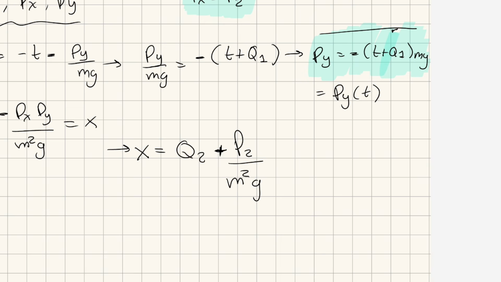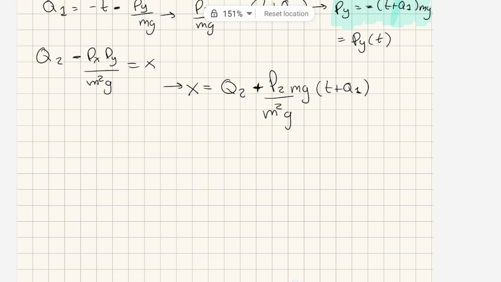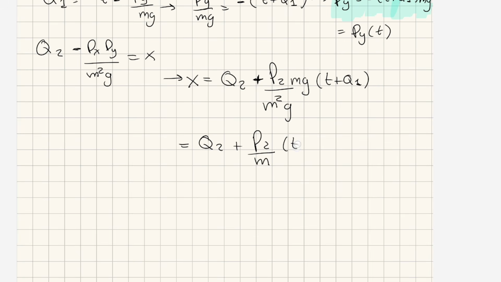With this minus is going to be a plus, and then mg times t plus q1. So x is going to be q2 plus p2 divided by m times t plus q1. Perfect. Again, we have found x in terms of the time and some constants. So this is equivalent to say that this is the equation of motion in the x direction.